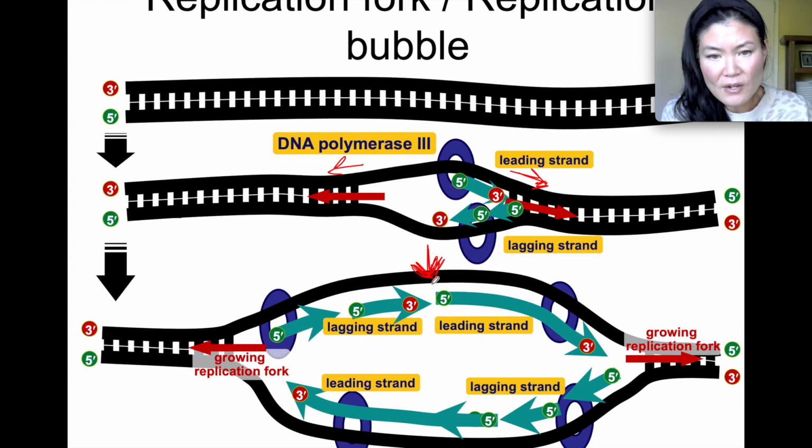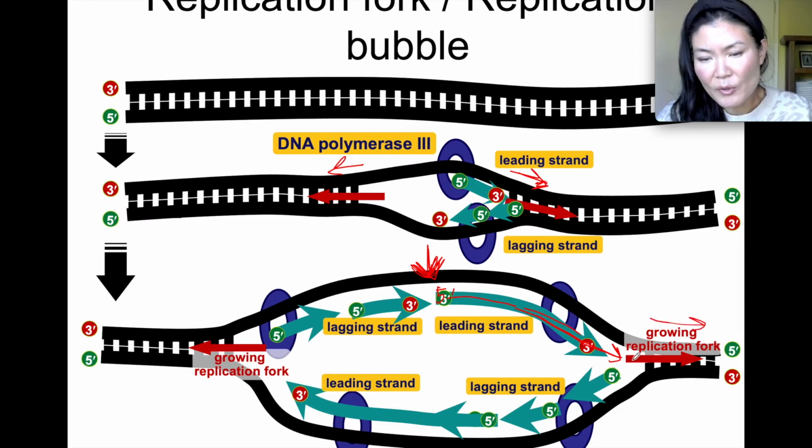Okay, and as it starts at this point, this is the 5' end of the new strand, because this is the 3' end. So you just keep on adding to the 3' end, no problem. That's why it's called the leading strand, because it's nice and continuous. DNA is being added continuously to the 3' end as the growing replication fork goes in this direction.